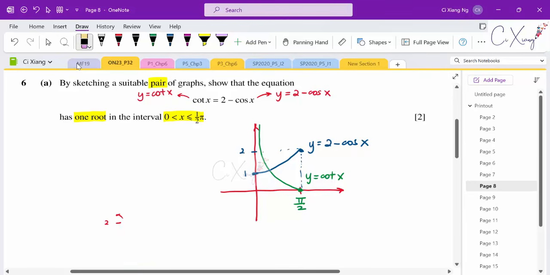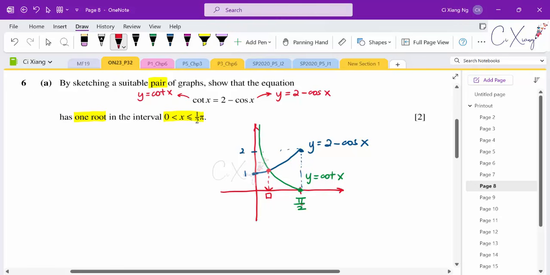Then after you sketch the graphs already, we have to do a simple conclusion, because they actually want us to prove that for these two graphs, they are having one root. So one root means one intersection point. So one intersection point is this one. I think it's very obvious. You can see there's only one intersection point, and the value of the intersection point lies between 0 and pi over 2.